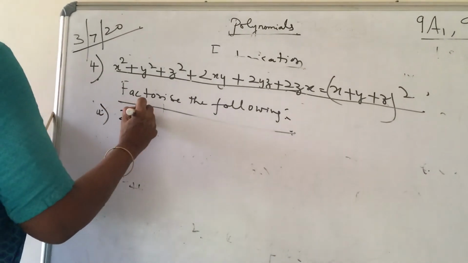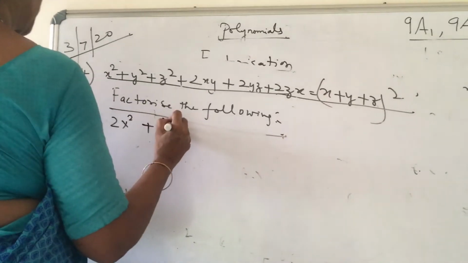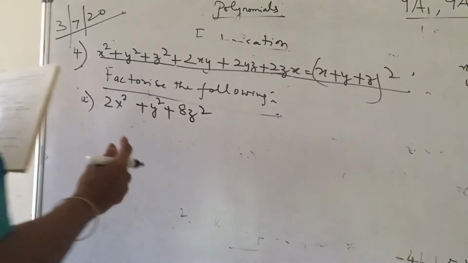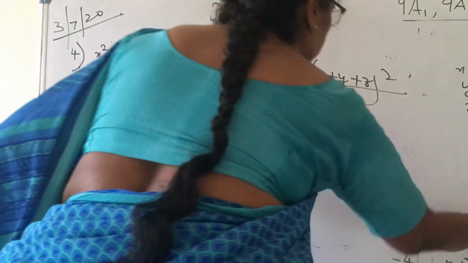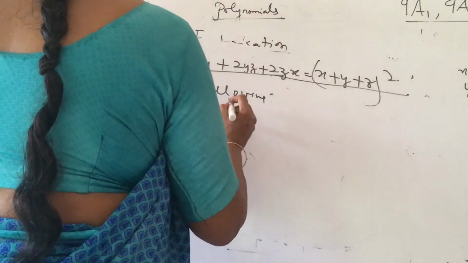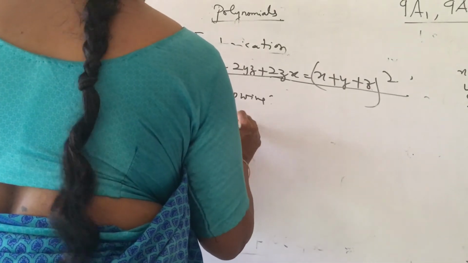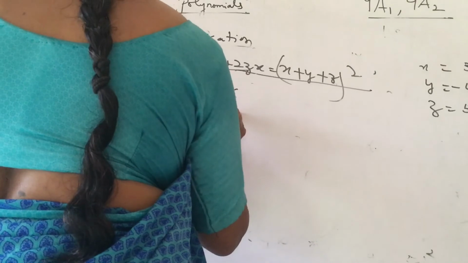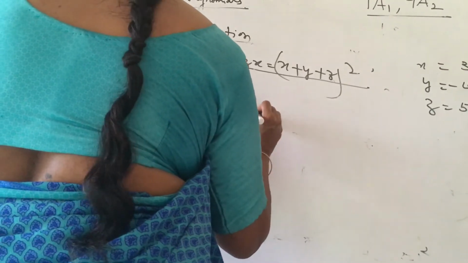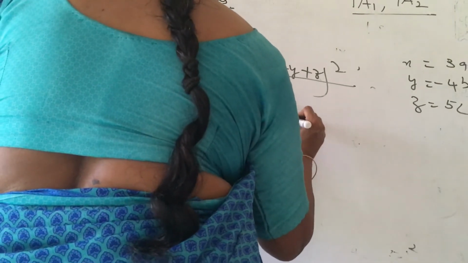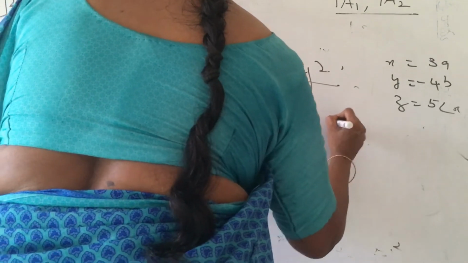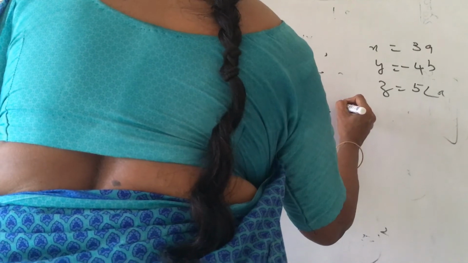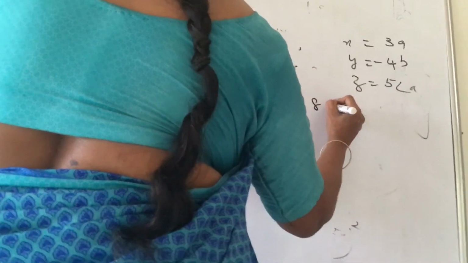2x square plus y square plus 8z square plus 2 root 2 xy minus 4 root 2 yz minus 8xz.